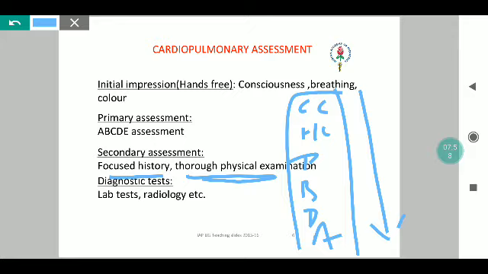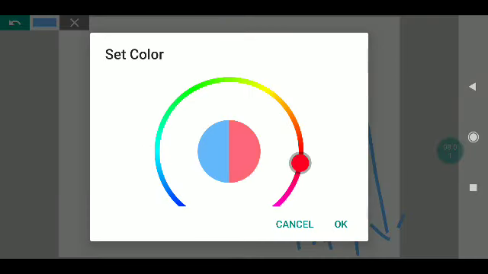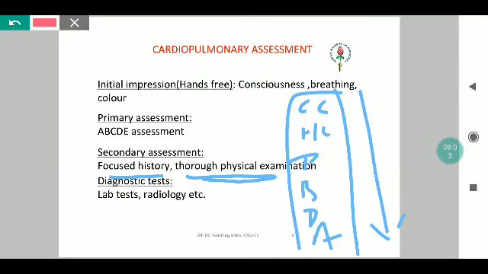I'll just give a simple example to highlight what I'm trying to say. In the same scenario, assume that a child is brought unresponsive to a casualty setting, and the child is not identified and is brought by bystanders. At that time a focused history would be relevant: in what circumstances was the child found, what first aid was given, how the child was brought, and whether any event happened along the way such as seizures or breathlessness or gasping.